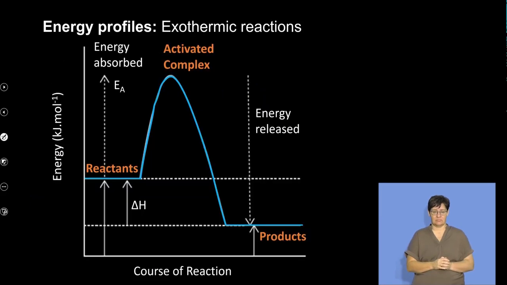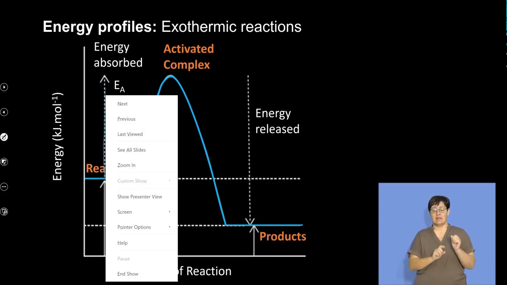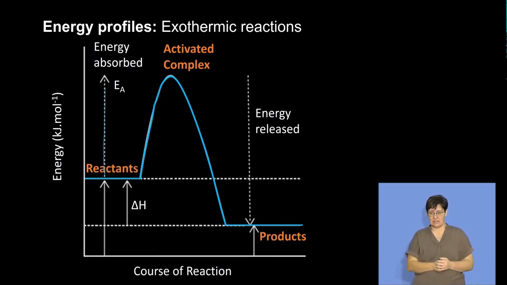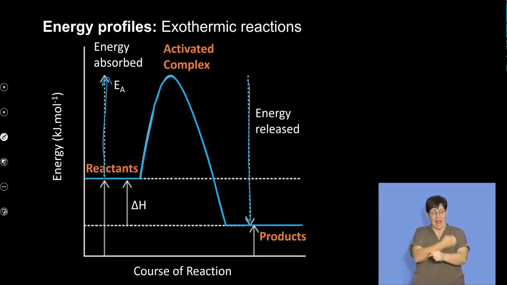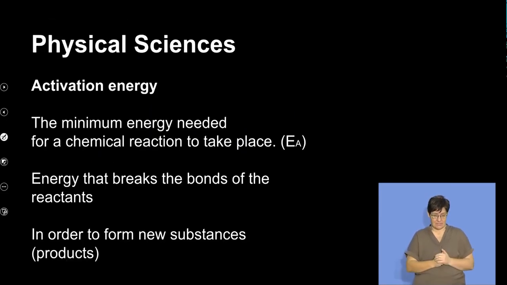Fast reactions are normally exothermic reactions, where the energy that needs to be absorbed for the bonds to be broken is less than the energy that is released during these reactions. On the next slide, I will quickly talk about activation energy.